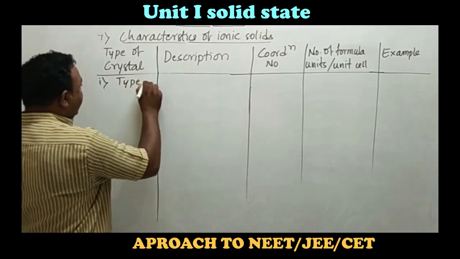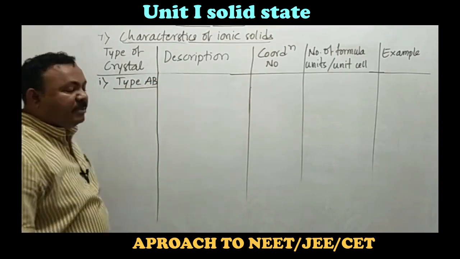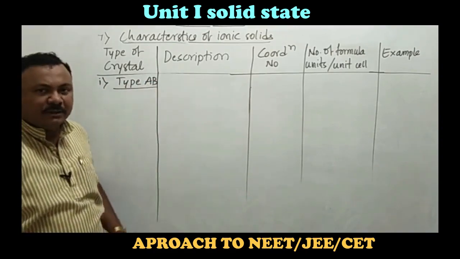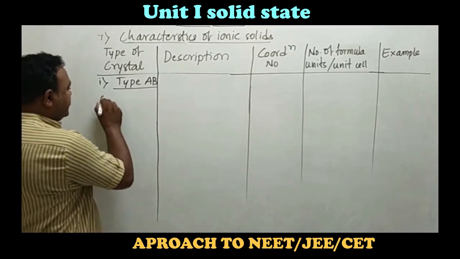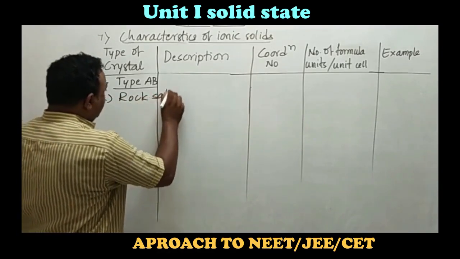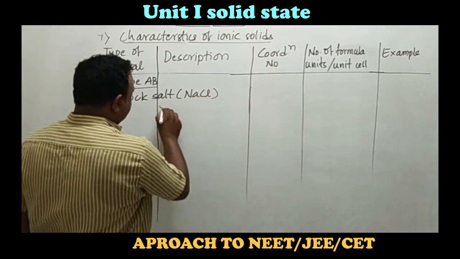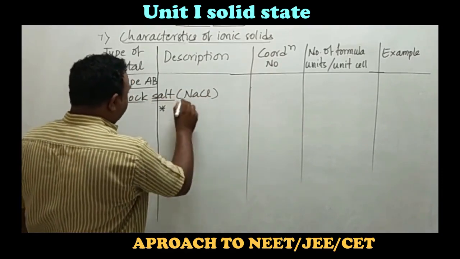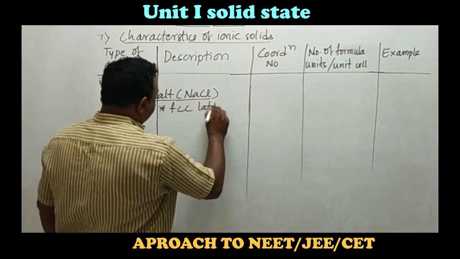First type of crystal we take, crystal of type AB, where A corresponds to cation and B corresponds to anion. In this we take first example, and the first example we are taking is rock salt. You know about the rock salt? It is nothing but sodium chloride. Sodium chloride has FCC geometry, FCC lattice.